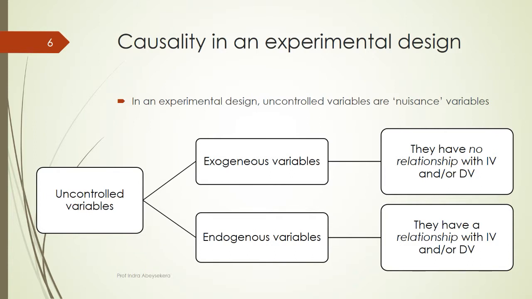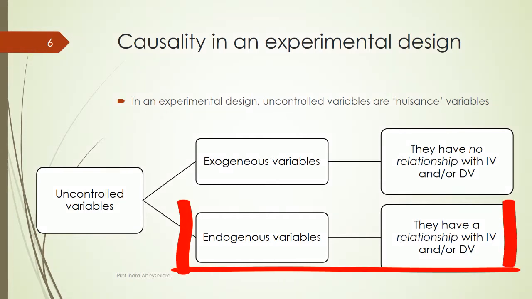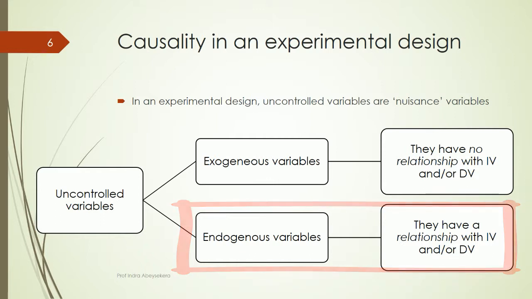So for us to find out whether an independent variable causes a dependent variable, we have to now control the uncontrolled variables. Some uncontrolled variables interfere with the relationship. There are uncontrolled variables that do not interfere with the relationship.